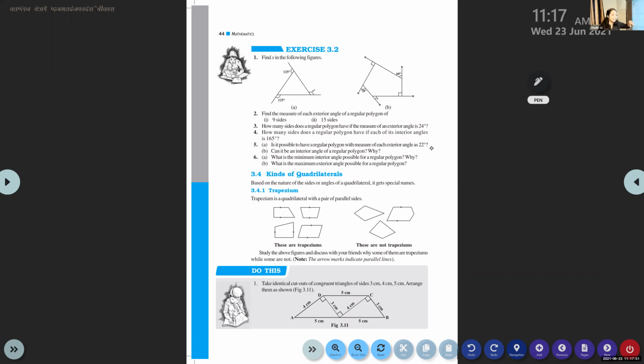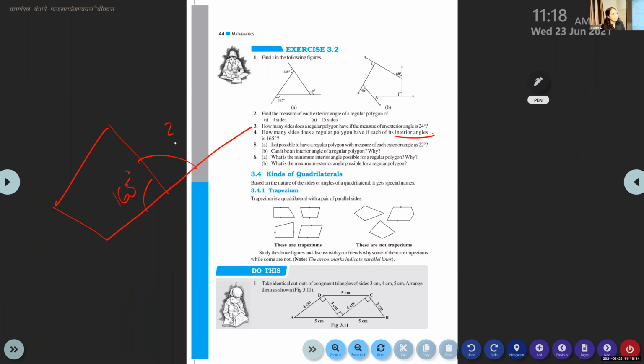If it is an exterior angle, it is easy because you can find it by 360 divided by that angle. But since it is an interior angle, you have to see the connection between interior angle and exterior angle. Because the interior angle is 165, what will be the exterior angle, since it is a linear pair? It is 180 minus 165.